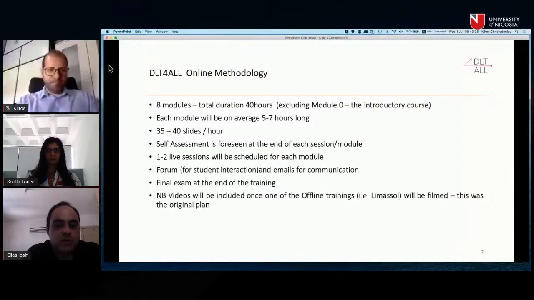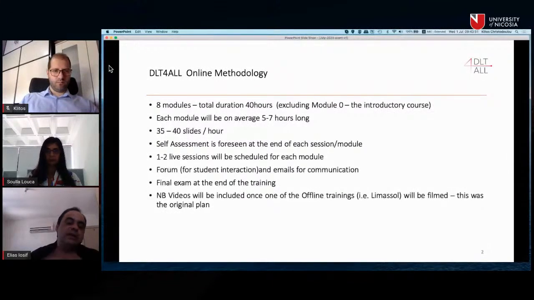This is an introductory module meant for the audience who have zero to close to zero knowledge about blockchains. The duration of each module would be between 5 to 7 hours. That is on average 6 hours with a 1 hour deviation. This is quite natural because it depends on the nature of the course.